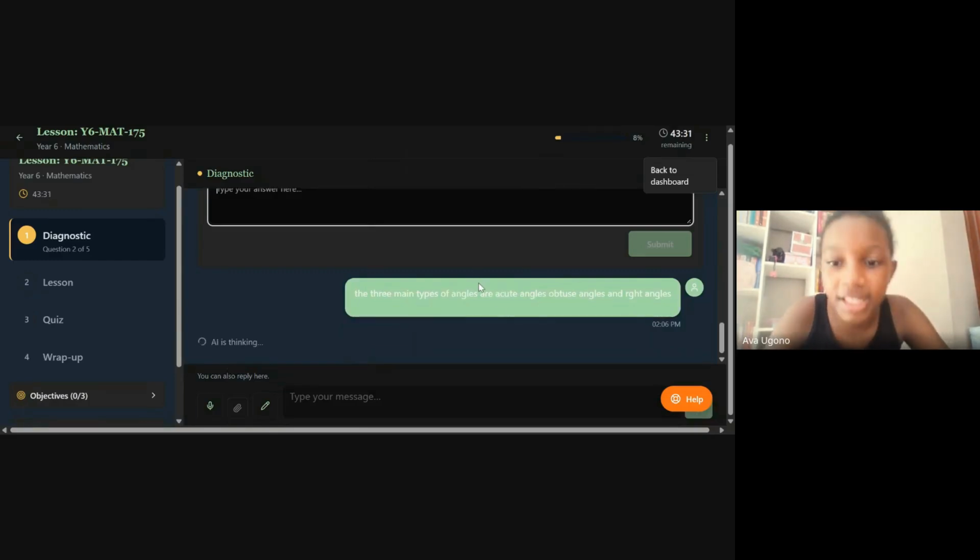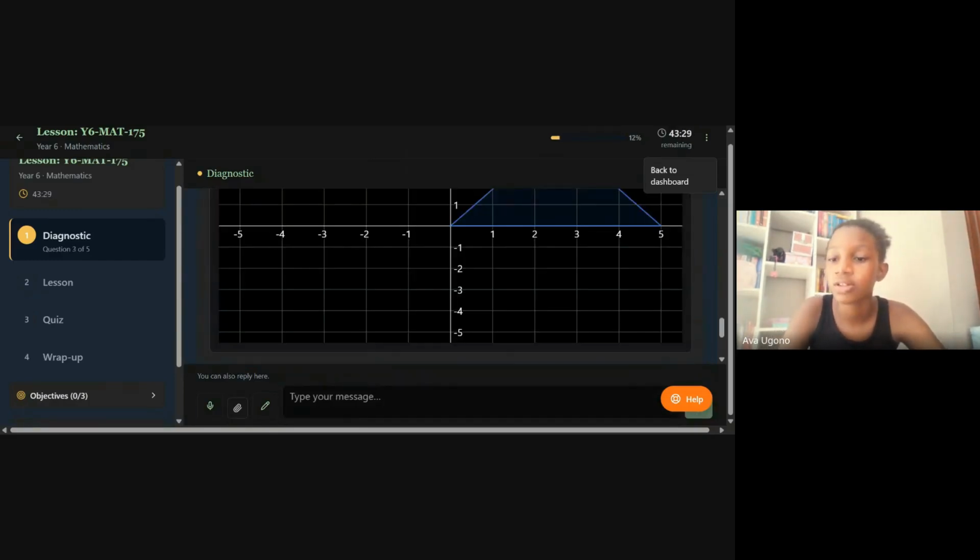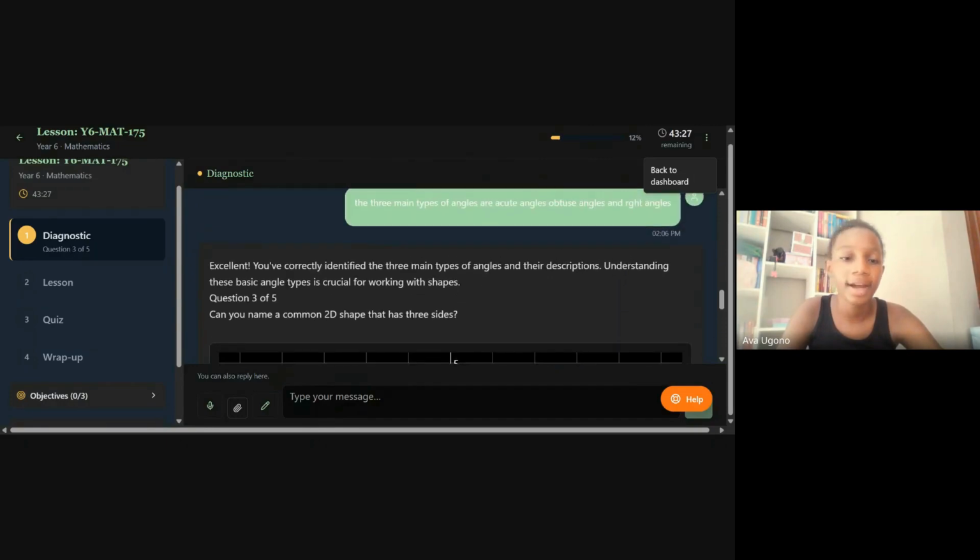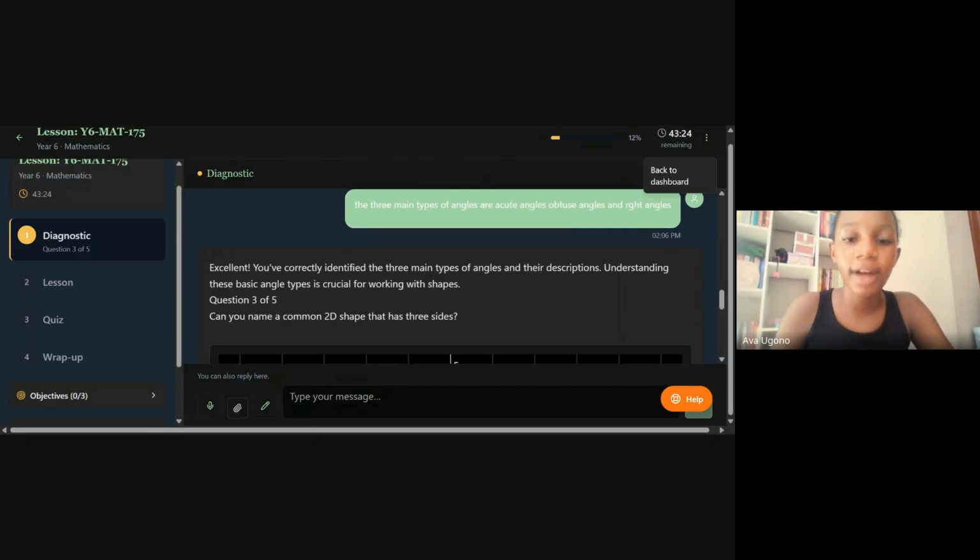So I wrote the three main types of angles are acute angles, obtuse angles, and right angles. It showed excellent. You've correctly identified the three main types of angles.